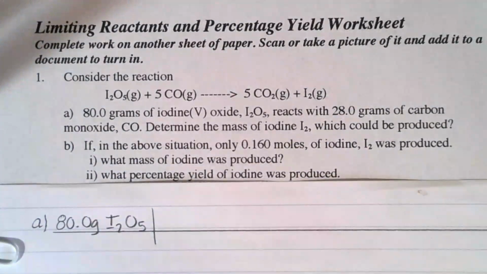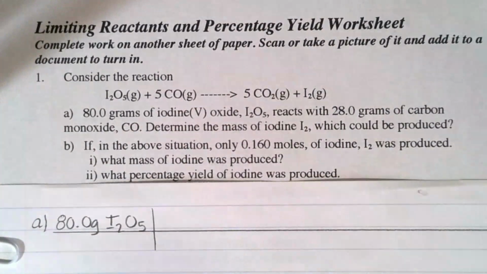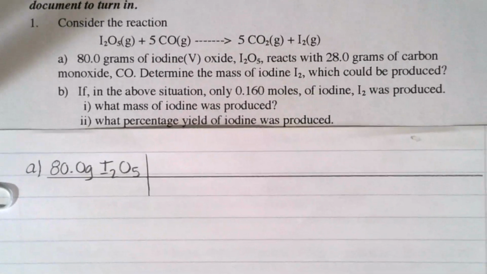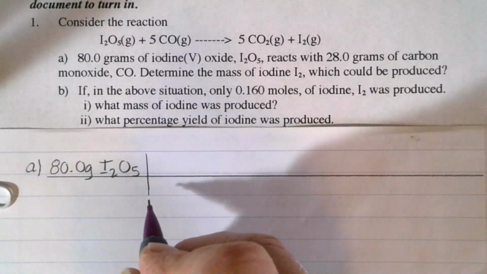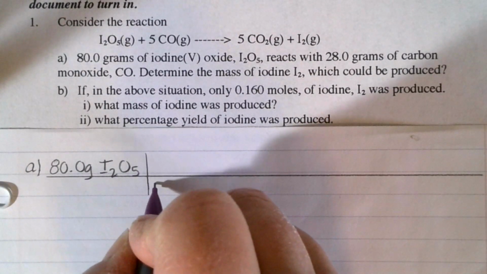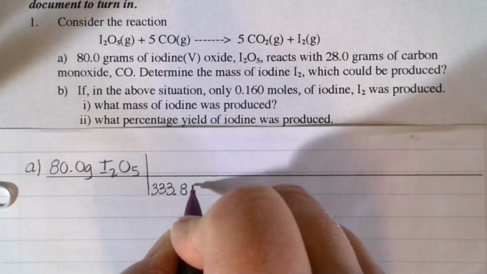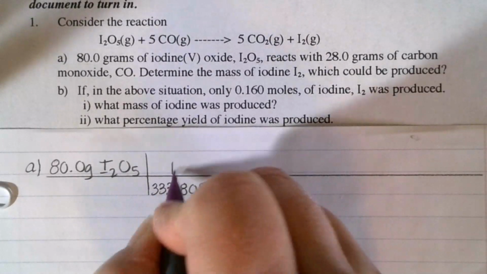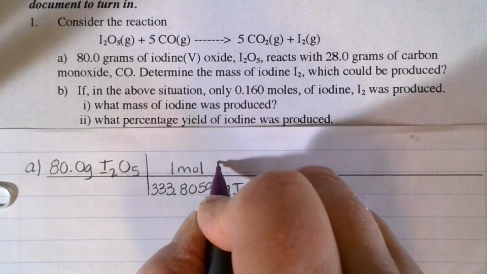So I go to my periodic table and I find the molar mass of I2O5. If you don't remember how to do that, please consider stopping the video and reviewing that skill. When I determine the molar mass of iodine 5 oxide, I get 333.80594 grams of iodine 5 oxide is 1 mole of iodine 5 oxide.